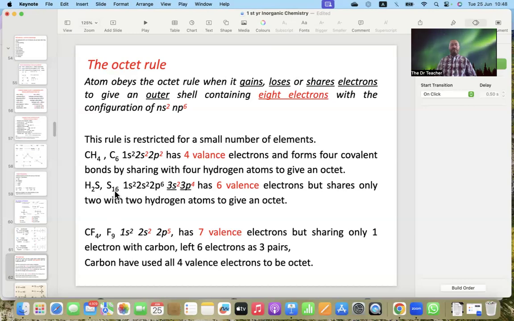H2S. Okay, give me the sulfur: 16, 1s2, 2s2, 2p6, 3s2, 3p4. So 4 and 2 in the outer shell, 6 electrons. If sulfur has 6 electrons, how many hydrogens does it need? Only 2 hydrogens, 2 electrons.